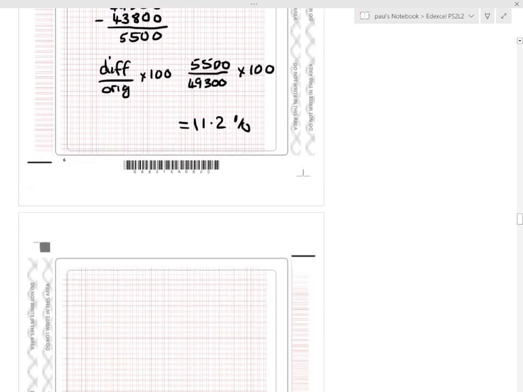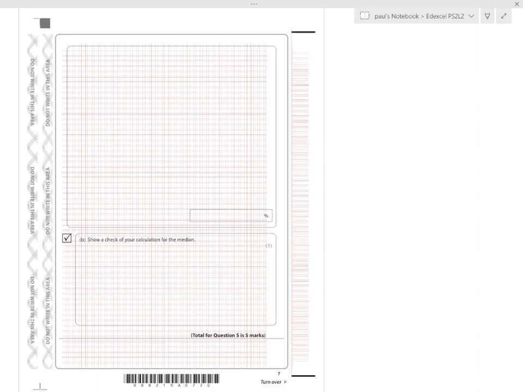Excellent. Let's have a look at that one. Do it nothing. Show a check. So what can we do for a check? I suppose we can do 11.2 equals, oh, I hate these check things. 11.2 times, I've got to go times. 11.2 times 5500, and then I'll divide that by 4.